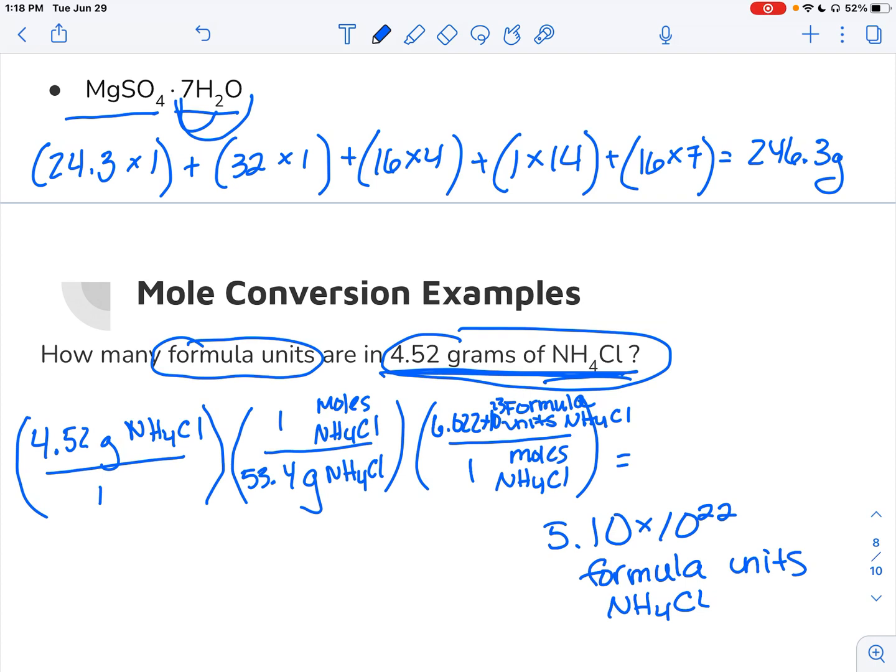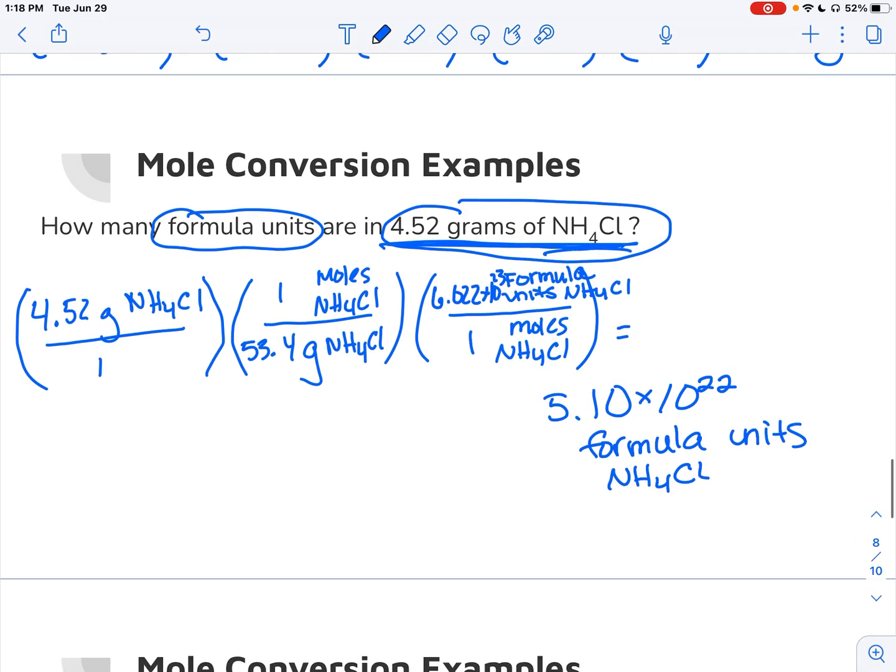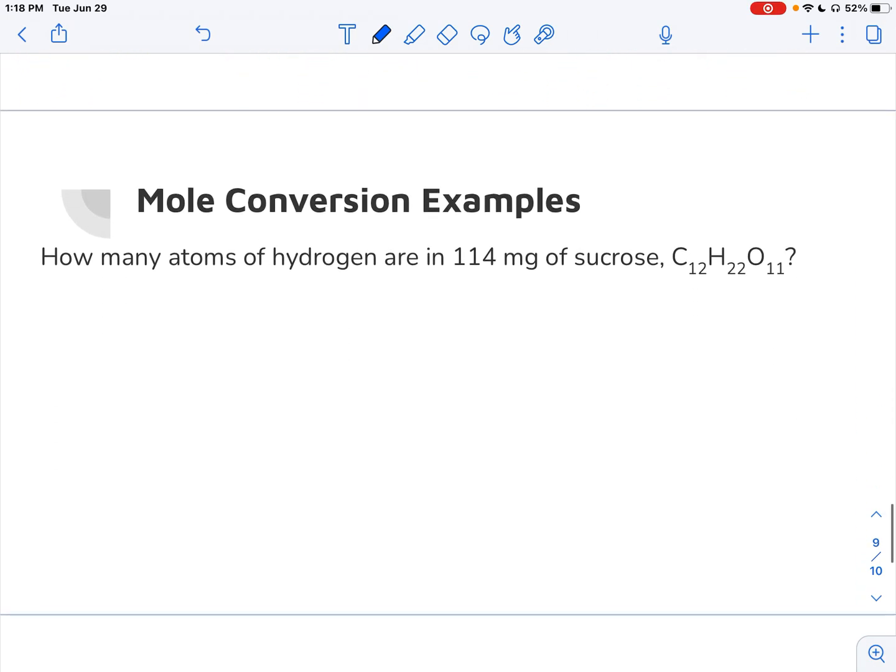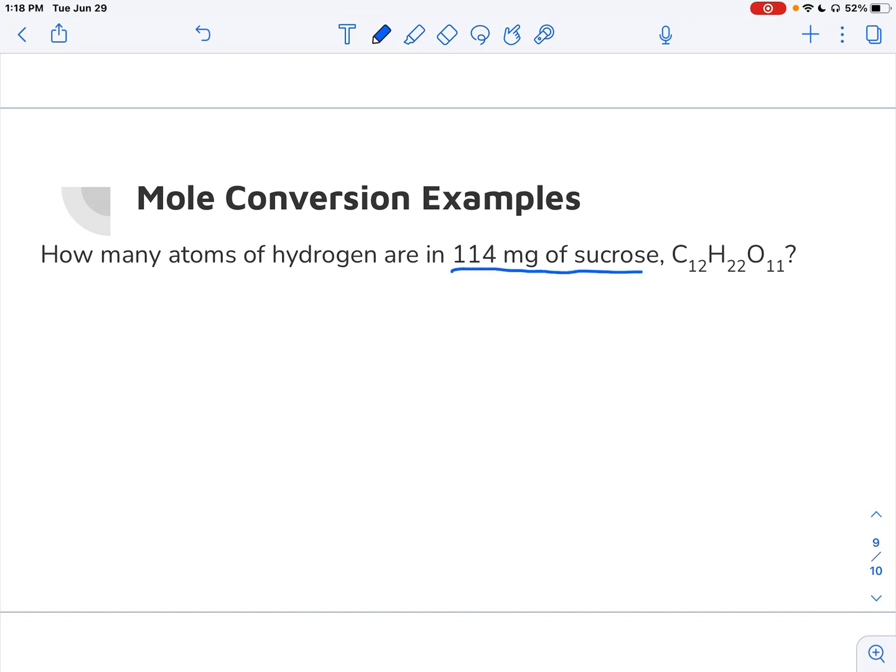All right, the last problem has a lot more in it, but it's the same basic idea. So the last problem, you're given 114 milligrams of sucrose, and you're looking for atoms of hydrogen.